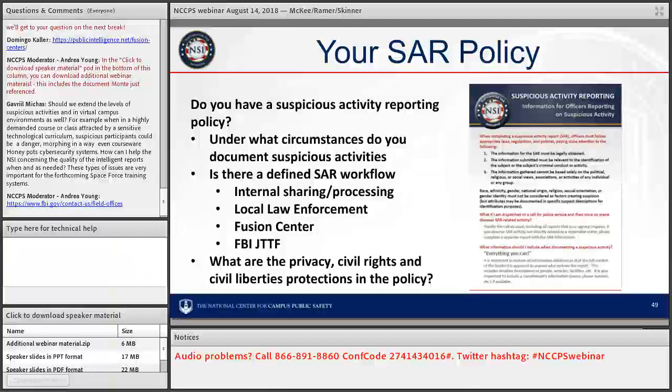We of course see the impact of social media these days, and so by any medium, if someone suspects an indicator or behavior of pre-operational planning for a terrorist activity, then I would encourage that person to report it, get it in the hands of law enforcement, and let law enforcement run with it to determine whether or not it's a valid concern.